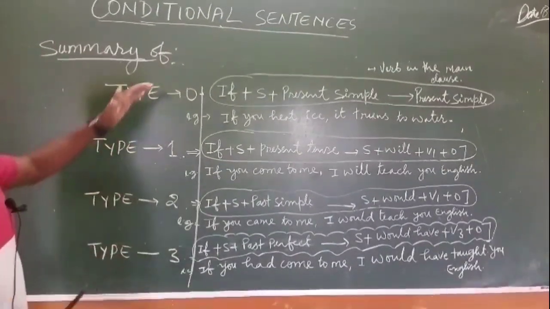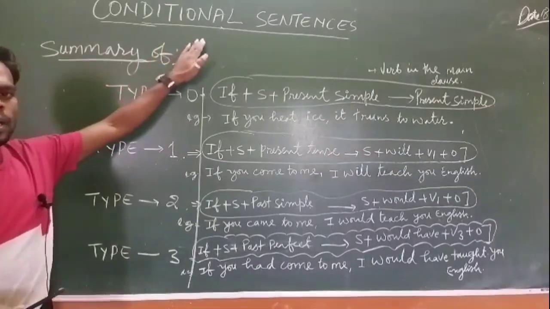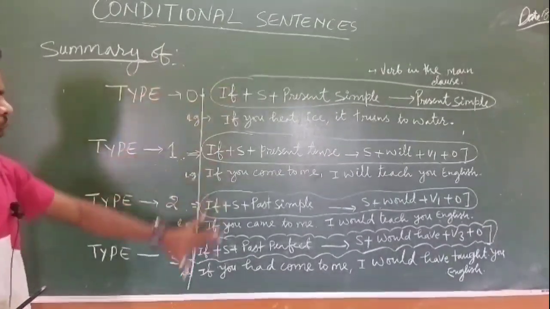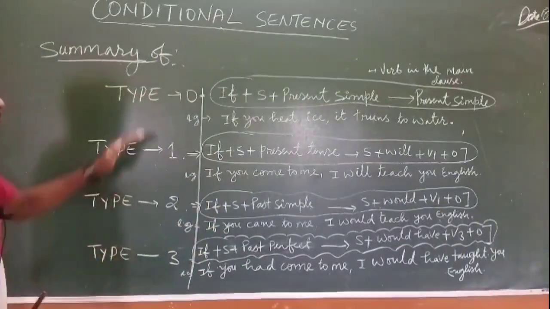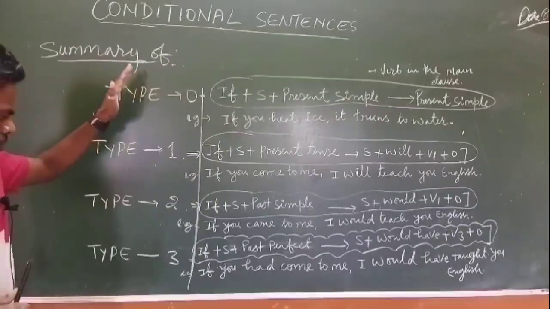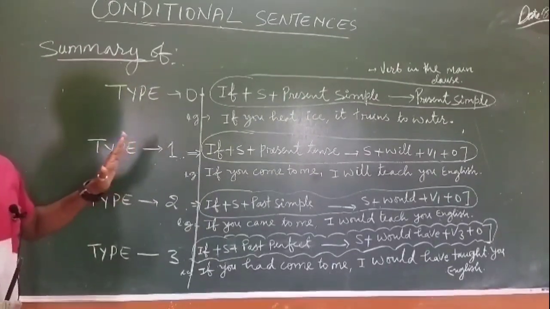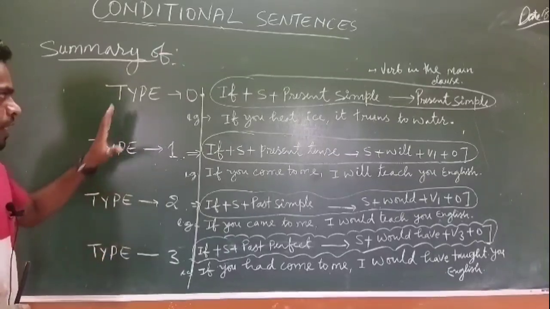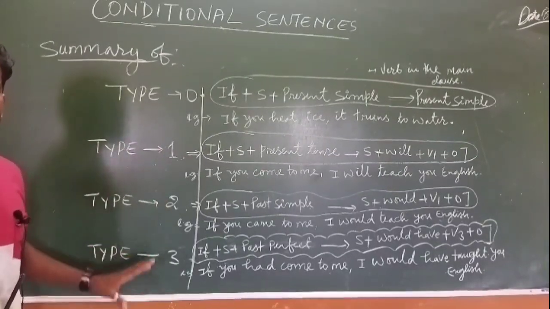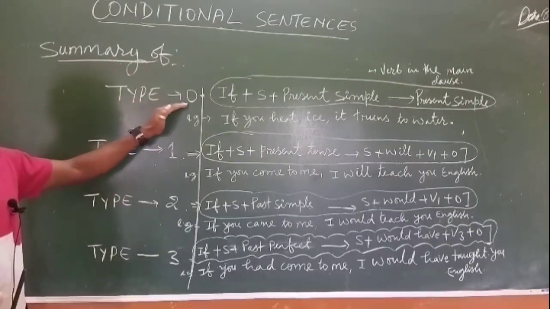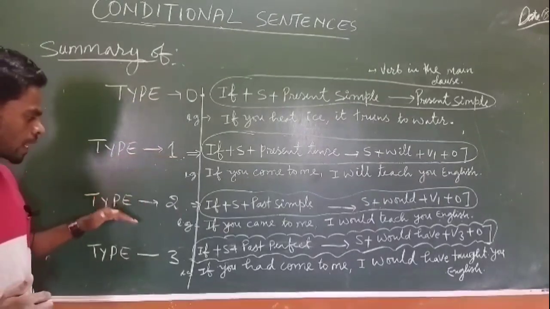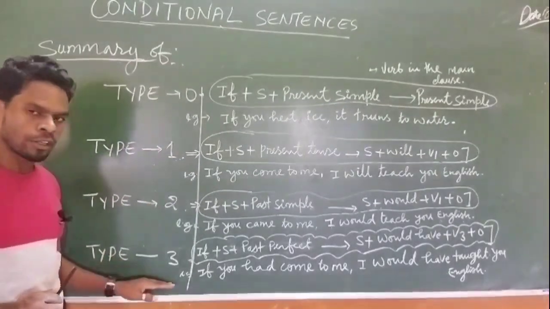So now let's summarize the entire conditional sentence into one page. So we have seen there are 3 conditional sentences or 3 types of conditional sentences: type 0, type 1, type 2 and type 3.